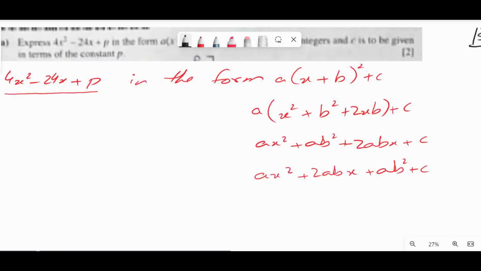We have to equate it because we have to find the values of a, b and c, so 4x^2 minus 24x. We have simply multiplied this a with these three terms, and then rearranged it in the form so that you can compare the coefficients. Now we are going to compare the coefficients.